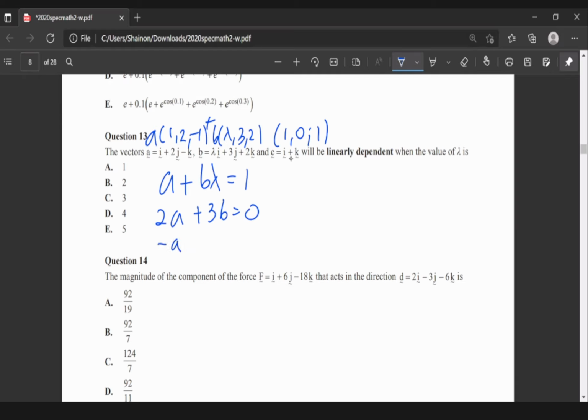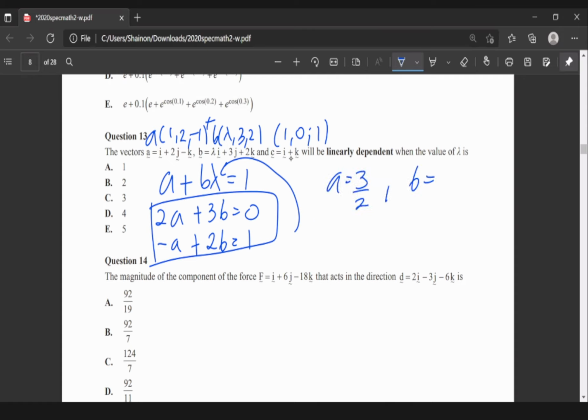Negative A plus 2B equals 1. I use the CAS for simultaneous equations. Once I found those, I subbed it in here, and I found that 2B is equal to 7/2. So if you sub that in, you should get 5. Yep.